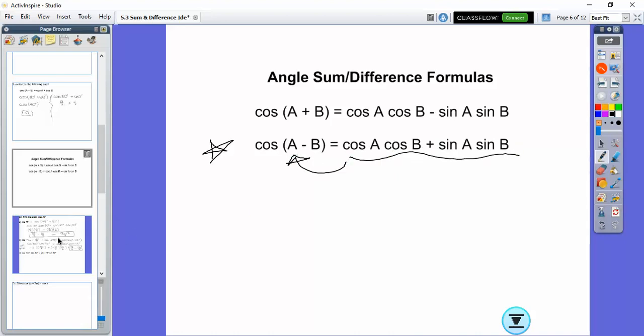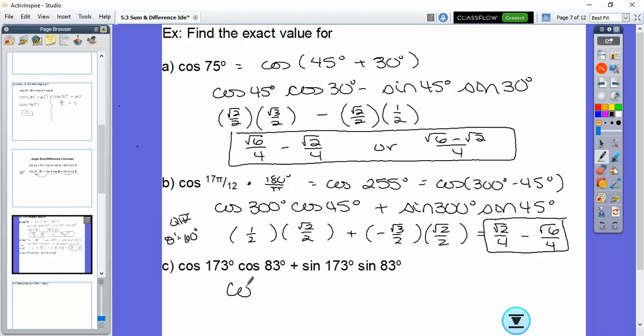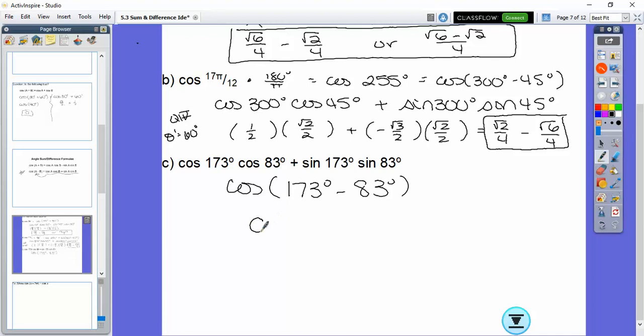So that's cosine of A minus B. So cosine, my A is 173 minus my B is 83. So 173 minus 83, 90.